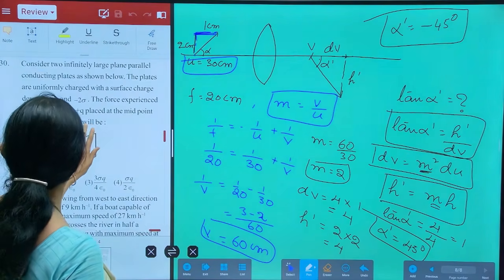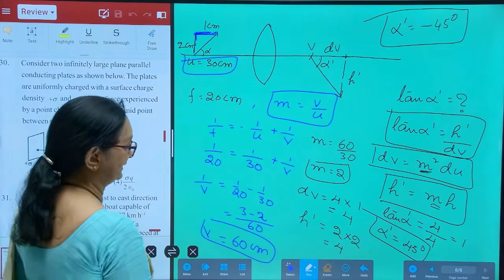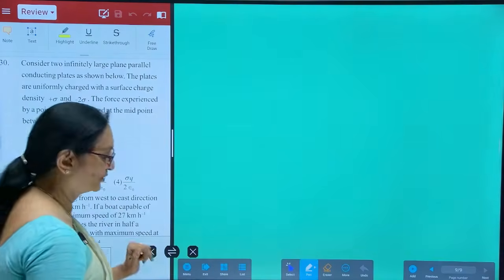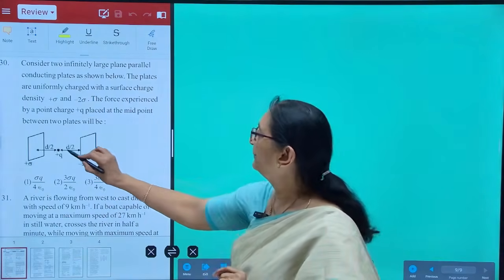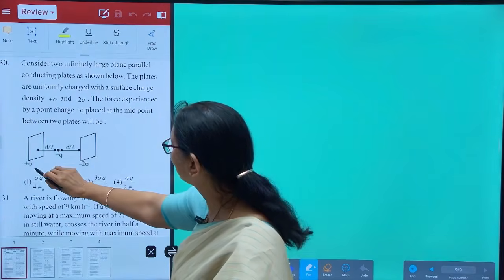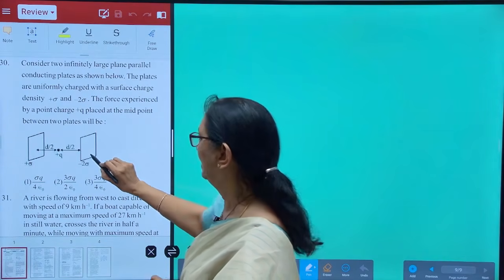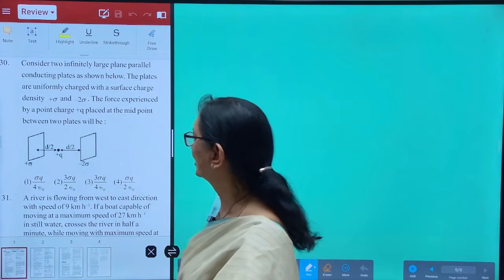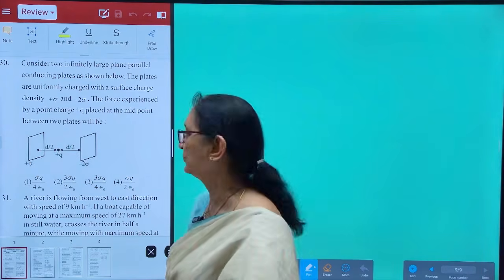Now look into question number 30. Consider two infinite plane conducting sheets of surface charge density plus sigma and minus 2 sigma. You are asked to find the net force acting on the charge Q placed halfway between them.